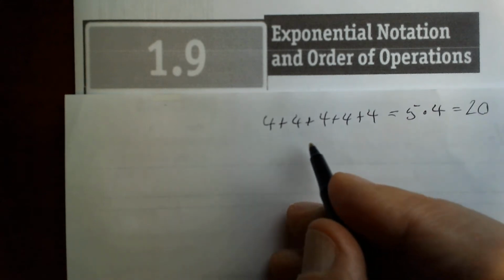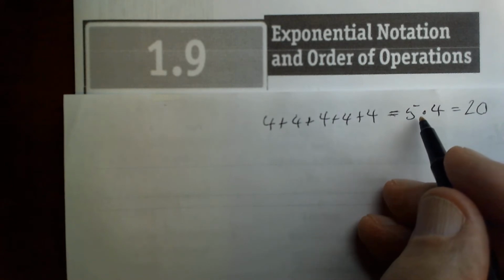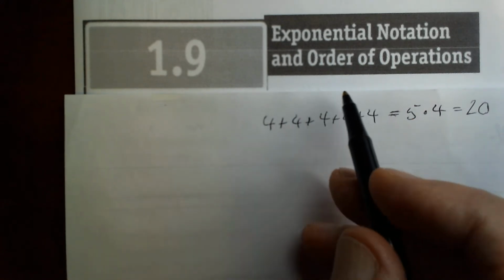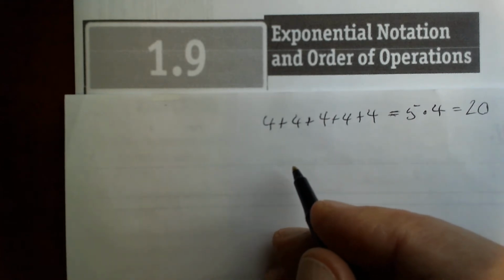In other words, repeated addition we can express in terms of multiplication. So exponential notation is about the idea, what do we have when we have repeated multiplication?